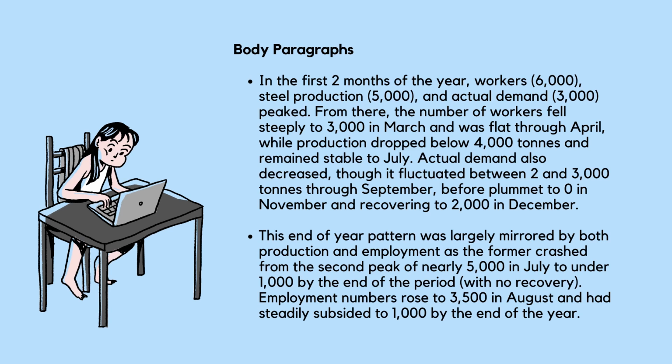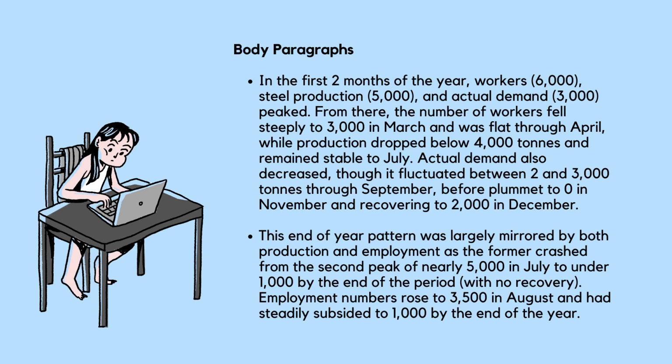Here in the body paragraphs, you can see that in the first line, I have mentioned that the data of workers, steel production and actual demand was at the top by using the word peaked. In the second line, I showed the constant data by using the words was flat.